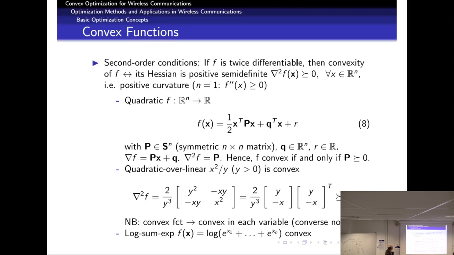Right, and a case where this is useful, let me take two examples, is when you have a function f that is quadratic. Quadratic here has this typical behavior. You have these linear terms, and here you have these quadratic terms where you have x multiplied by x. So for dimension 1, you're going to have an x squared essentially.